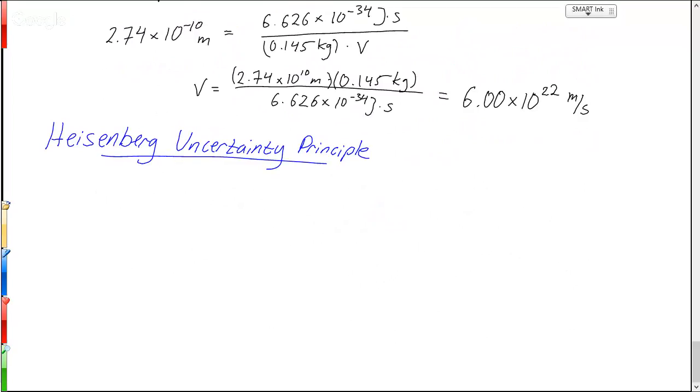And the equation looks like this: delta x times m delta v equals h over 4 pi.